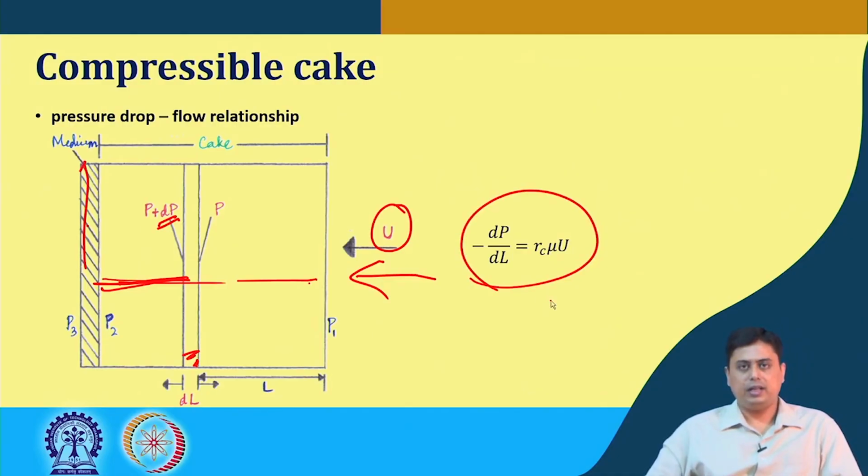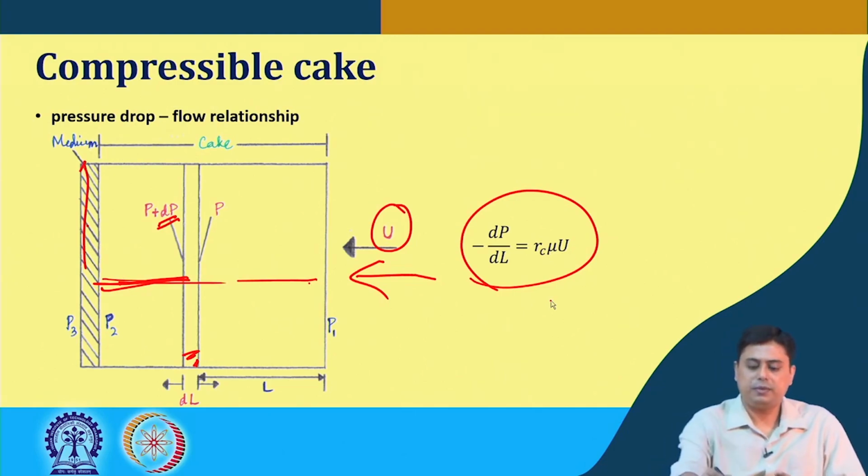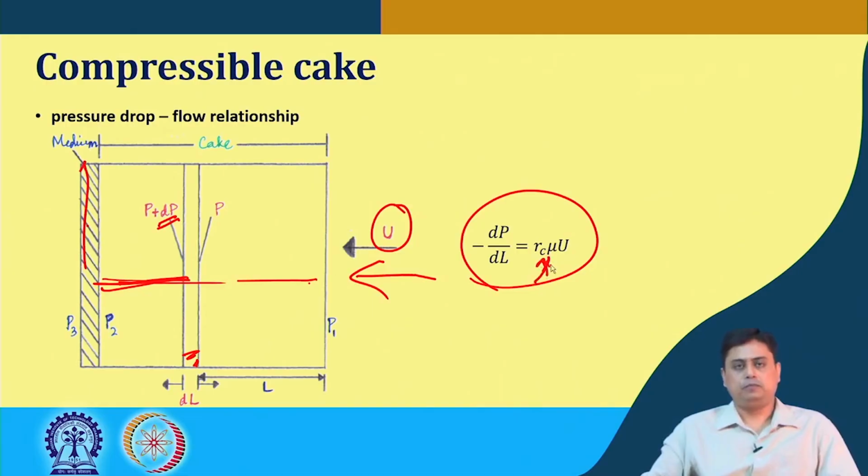in laminar condition, then minus dP by dl is basically the specific resistance multiplied by viscosity and the superficial velocity. Now, we have seen the expression for this specific resistance. This RC is a function of pressure.